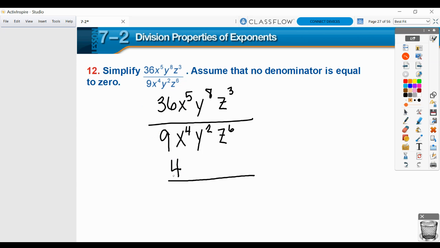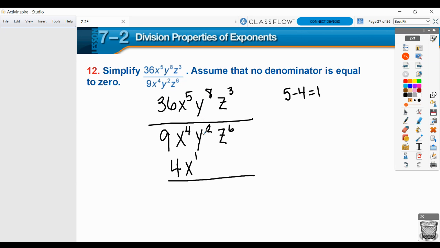You get 4. Then look at each variable. You are dividing, so you're going to subtract the exponents. Which number is bigger? 5. So 5 minus 4 is 1. The answer goes in the numerator because the 5 is in the numerator.